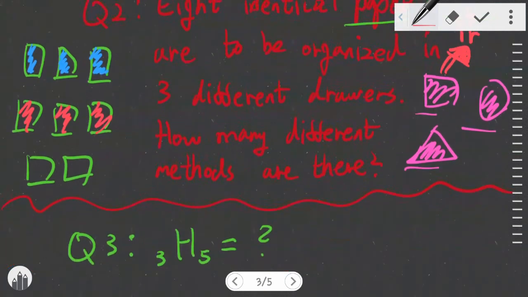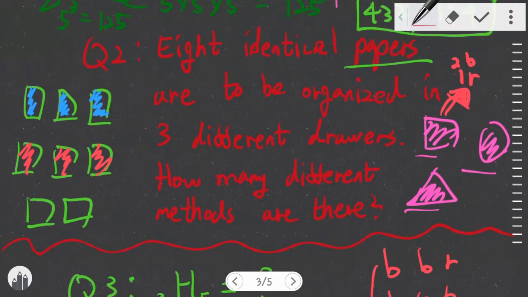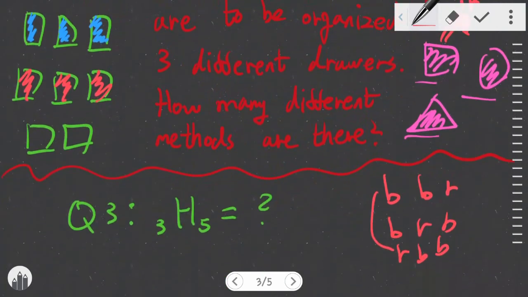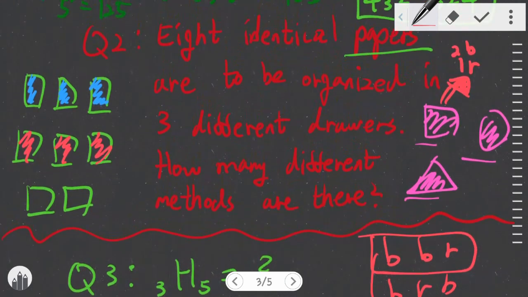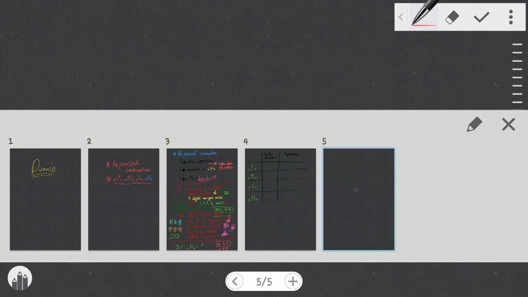Do BBR, BRB or RBB make a differentiation between these 3 sets? No, it doesn't. All you need here is just what type of paper you are going to put in a different drawer. That's why we use a combination here, repeated combination. The order does not matter.